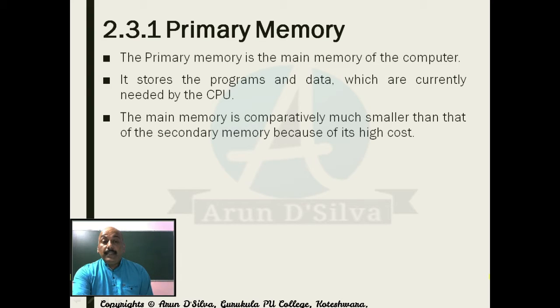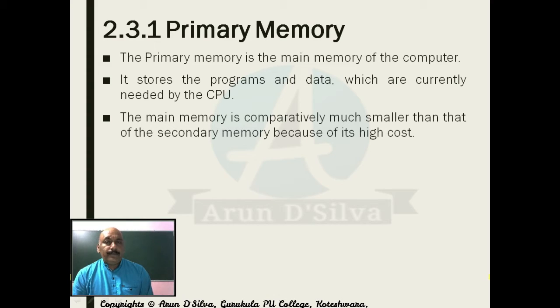The main memory is comparatively much smaller than the secondary memory because of its high cost. Normally the primary memory will be very small in size, because the memory to design it is high cost.